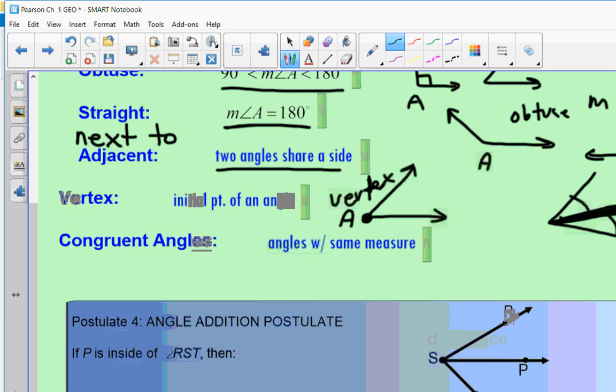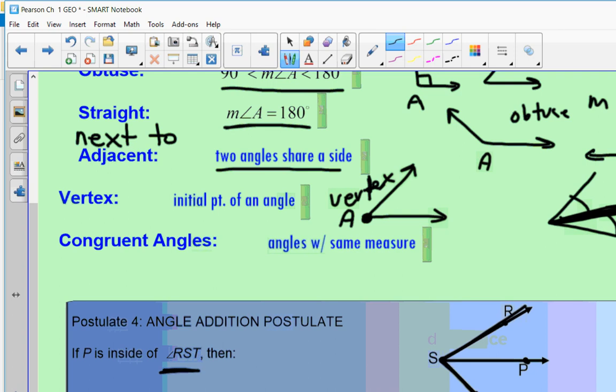All right, next postulate that we have here in the box is called the angle addition postulate. This is kind of the same thing we did with the segment addition postulate. If I have two things and add them together, I get something bigger. RST is this angle they're asking about, and they're telling me that P is inside of it.